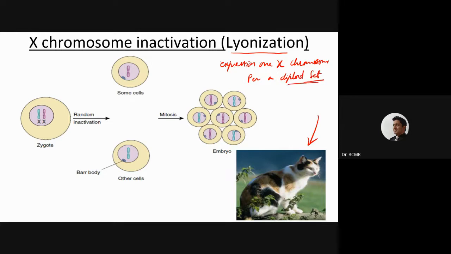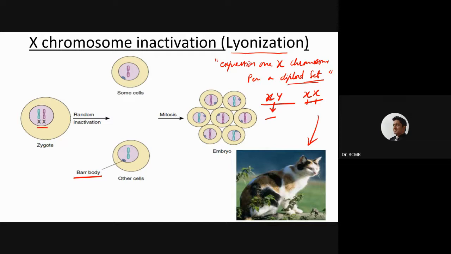That is a rule. You cannot have twice the amount of X chromosome expressed. If it is a male, we have X and Y chromosomes. If it is female, XX chromosomes. In males there is only one X chromosome, so no issues. Whereas in females there are two X chromosomes and only one should be expressed. So one of the X chromosomes is inactivated and it becomes what is known as a Barr body.